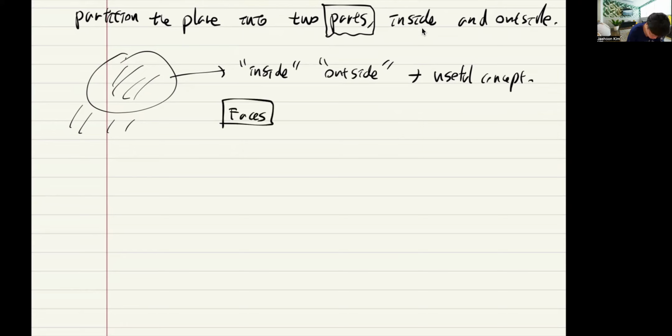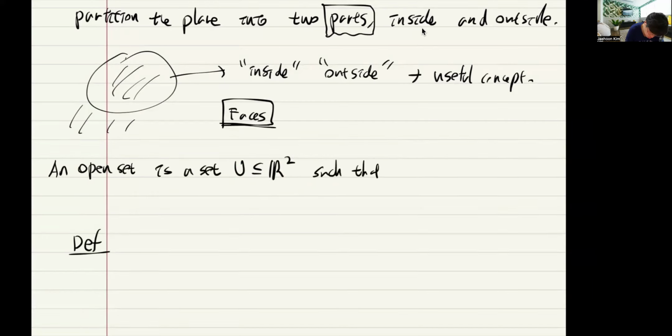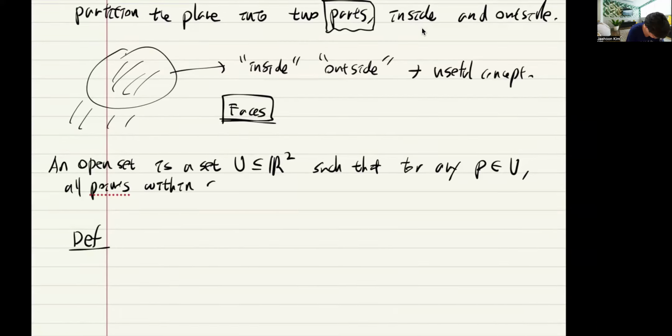So, first, we want to define what faces are, but first, let me recall what an open set U in R2 is. An open set is a set U on the plane such that for any point P in this open set, all points within some small distance from P all belong to U. And this is an open set.